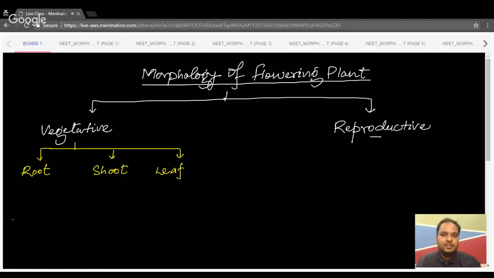First, go to NCERT examples, whatever examples there are in various categories, maybe in root, maybe in shoot, maybe in leaves. First of all, learn that. Then you can move ahead. I'm again saying, because it's a competitive examination, we don't want to take a chance. The very first thing that I always say is to complete your NCERT, that is your Bible.